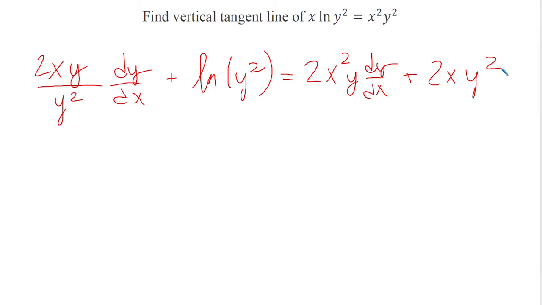Again, I think I'm going to just multiply. Well, first I'm going to cancel out this y and this y squared here. So I'm just going to end up with a 2x over a y here, and then I'm going to multiply everything by that y in just a second. So we'll write this all out.